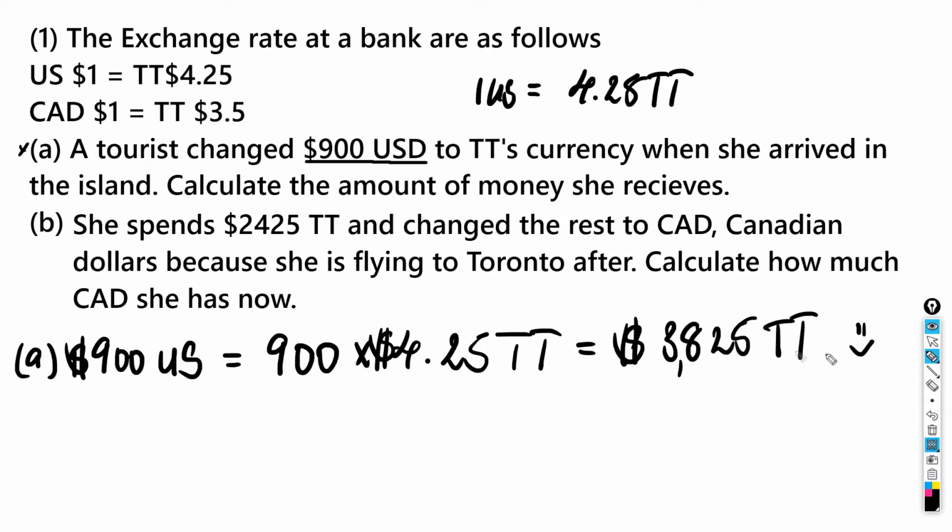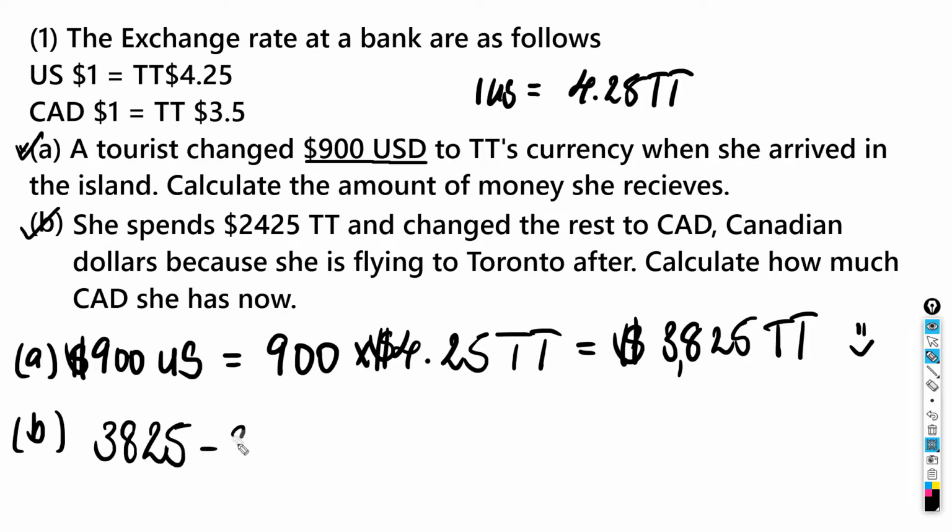Cool. All right, so let's look at the next question now. It says she spends 2,425 TT and changes the rest to Canadian dollars, right? Because she's flying to Toronto after. So calculate how many Canadian dollars she has now. All right, so the first thing we'll have to do for B is subtract the 2,425 from how much she has now, right?